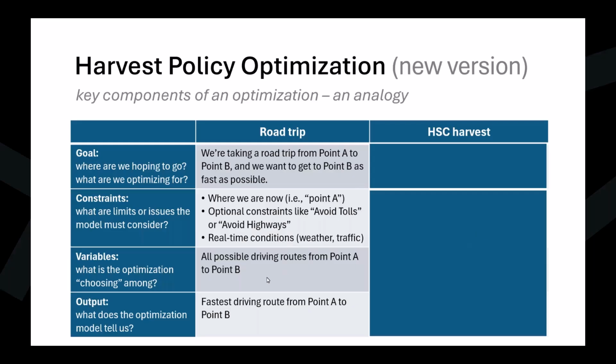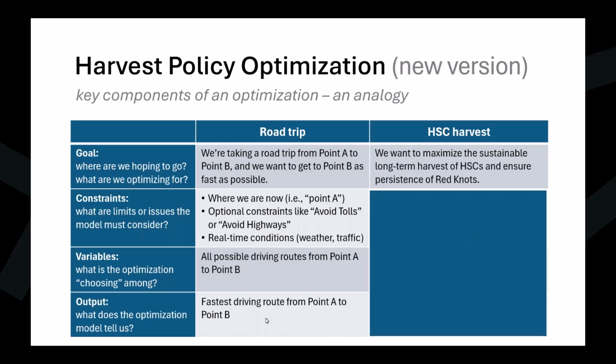And then we have the variables that we're choosing over. What are the alternatives? And so you might start by saying that they're all possible driving routes from point A to point B. Some are going to be better than others, of course, and that's the task, is to pick the fastest one. So that's what the optimization tells us.